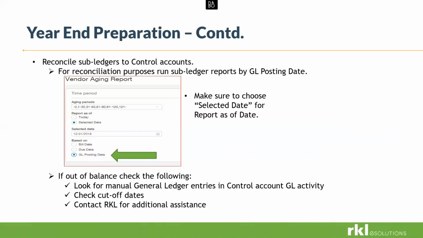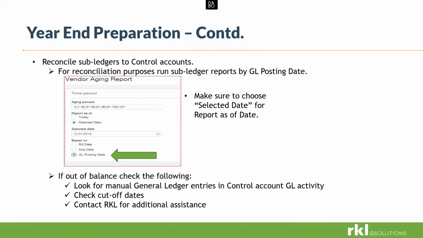And then the selected date would be the period that you're closing. So 12/31/19 if you're closing out at the end of your calendar year. And it would be based on, down below here, you'll see GL posting date. That basically would then run your aging report for vendor and customer, and it would age the documents based on how it was posted in the general ledger. And then you would compare that to your control account.